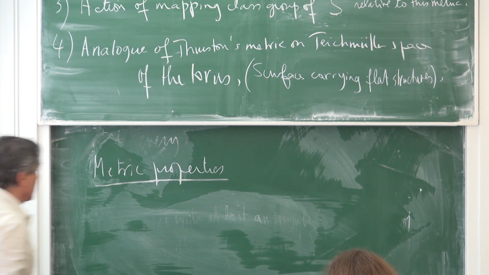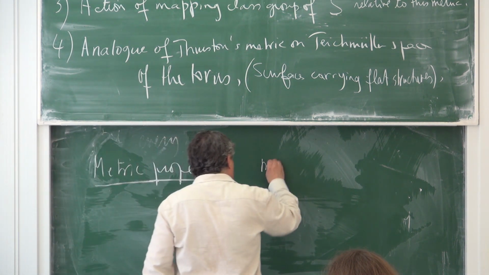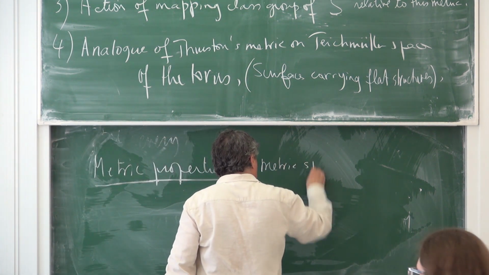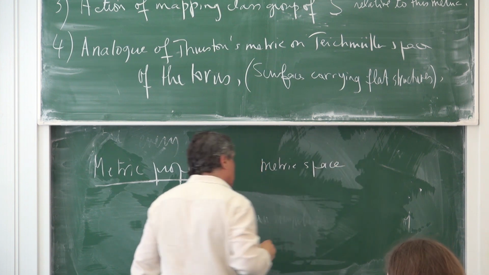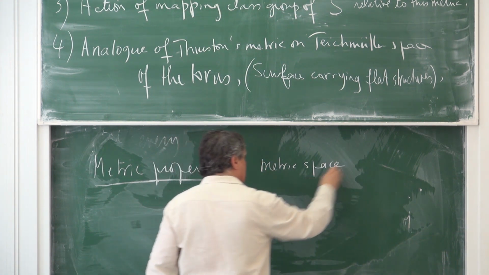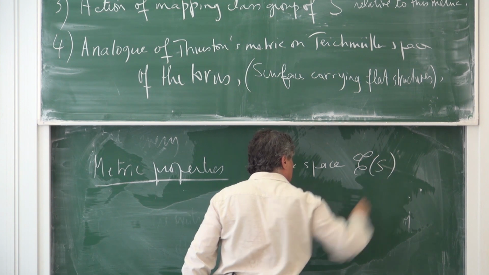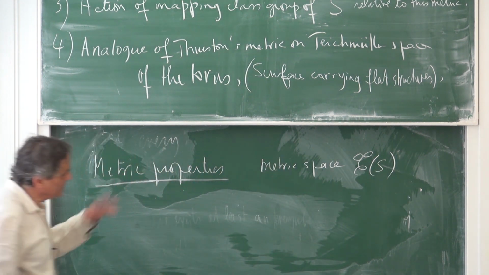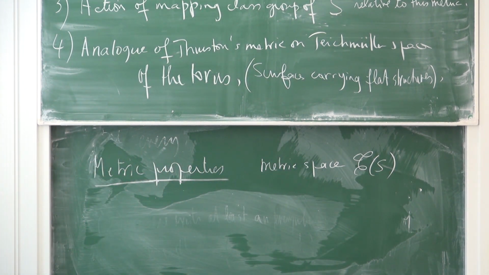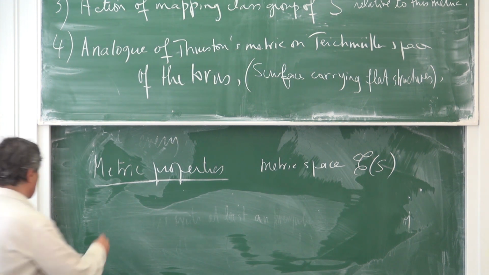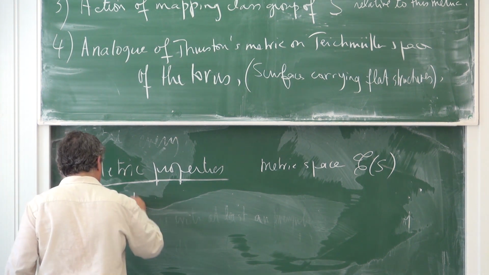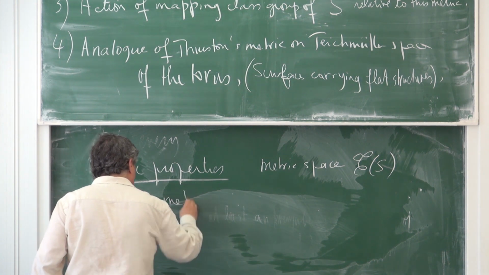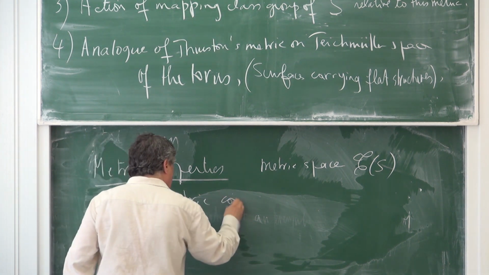So you see, we have a metric space, which is Teichmüller space equipped with a metric, and there are natural questions. For instance, is the metric complete?